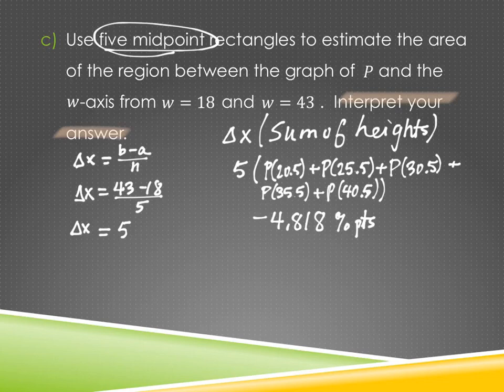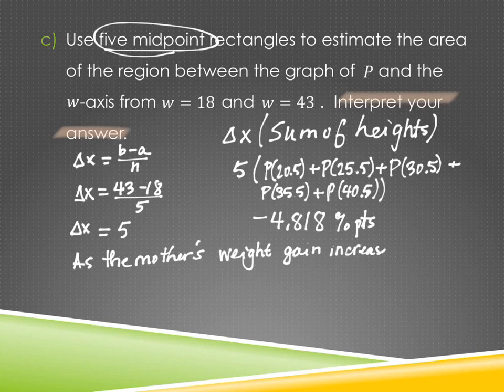I'm going to start this out a little bit differently than the other one, not because it matters, but just I want to help you see a variation. We're going to start with, as the mother's weight gain increased from 18 to 43 pounds.